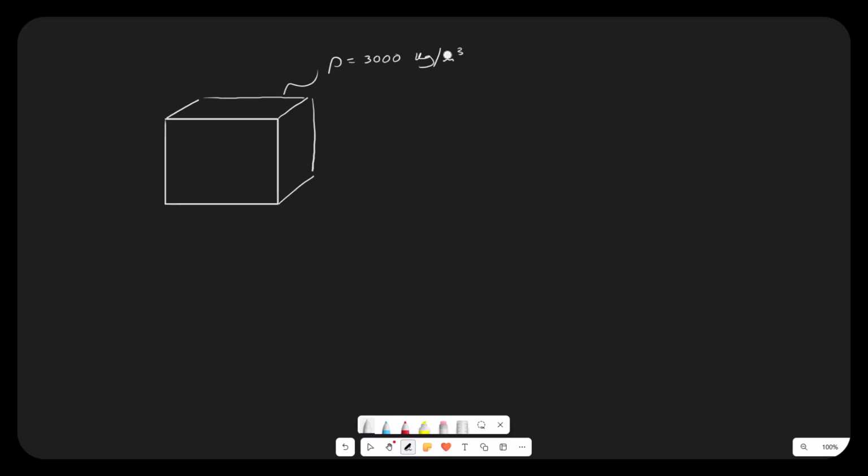I want to do another example. Maybe we've got this metal cube. And the metal itself is going to have a density of, let's go, 3,000 kilograms per cubic meter. And maybe we've got a cubic meter volume box, but it's pretty thin.